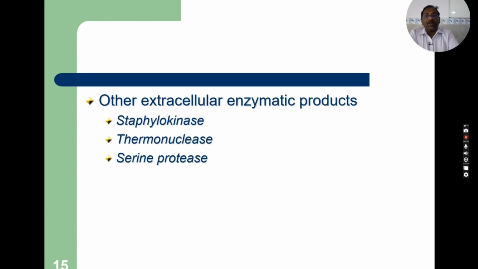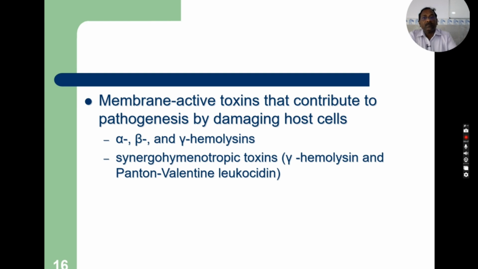Other enzymatic products are staphylokinase, thermonuclease, and serine protease. The membrane active toxins contribute to the pathogenesis by damaging the host cells: alpha, beta, and gamma hemolysins.